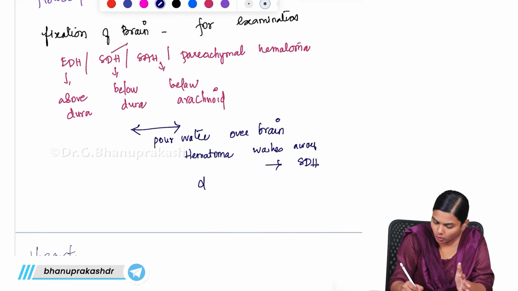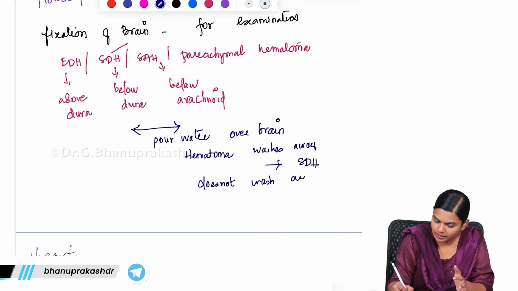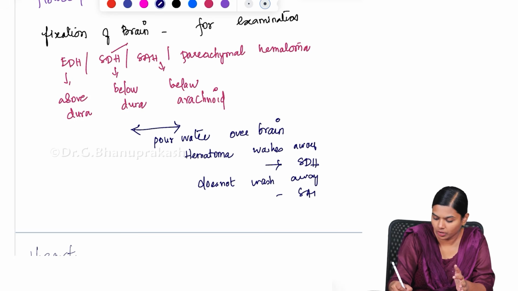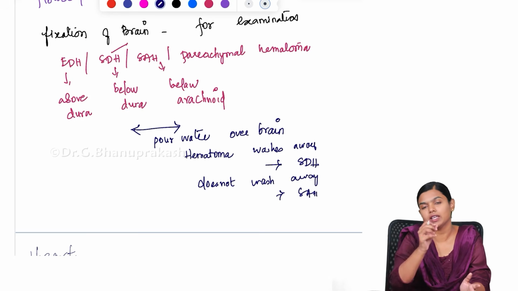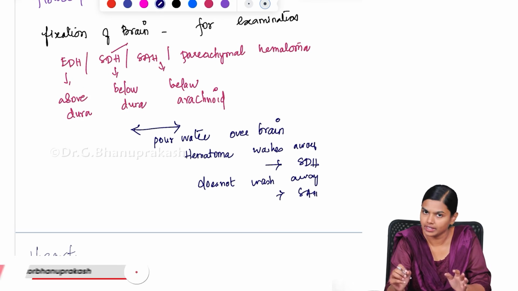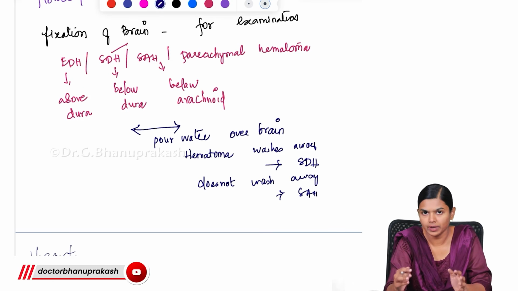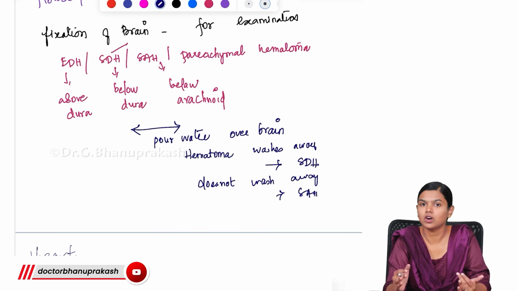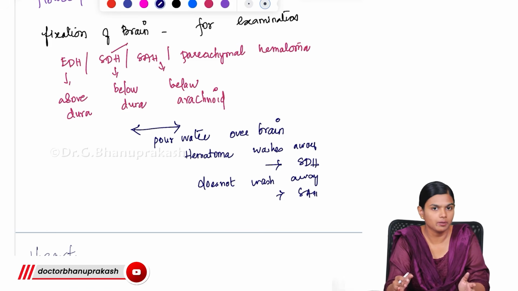If it does not wash away, it is a case of SAH, because beneath the arachnoid membrane, you will be having that SAH. So if it washes away, it is SDH. If it does not wash away, it is SAH, subarachnoid hemorrhage.